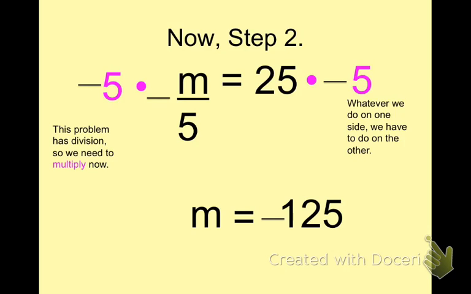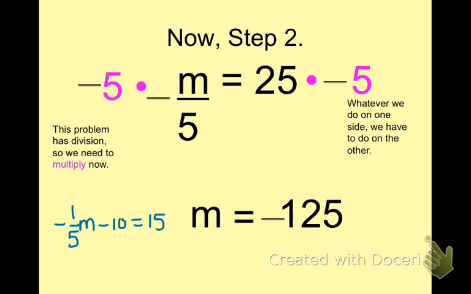Remember that negative m over 5, and you're used to seeing it like this. We did this yesterday, so it could also be written as negative 1/5 of m, so the original problem that was minus 10 equal to 15, okay?